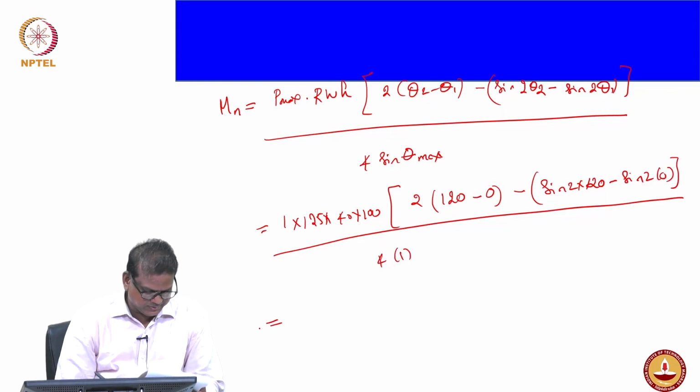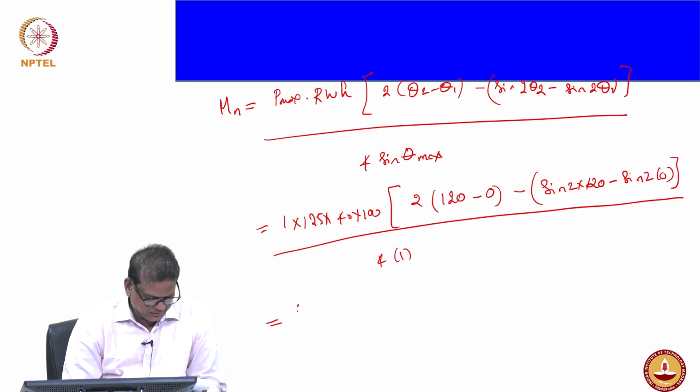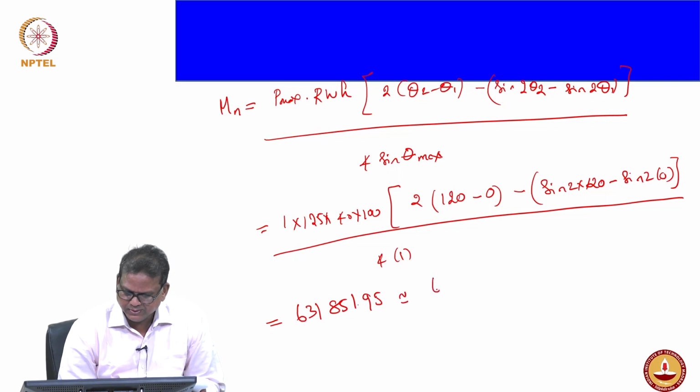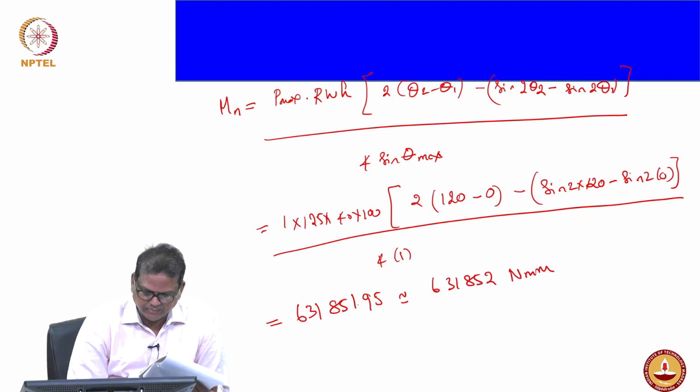Then you would expect the value 631,851.95. Approximately we will take it as 631,852 Newton millimeter. So this is Mn.